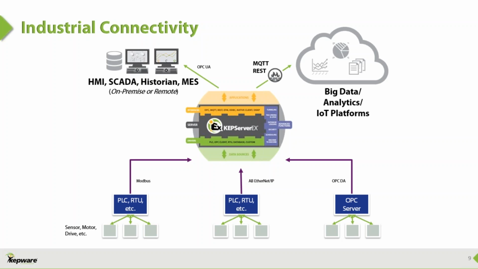We can connect to all these things. And now on the right side, we can move data into the cloud or into big data analytics platforms such as Splunk. What's missing there is obviously MQTT and REST. Splunk can ingest that type of data. However, we also have a direct pipe to move data into Splunk. So next slide.